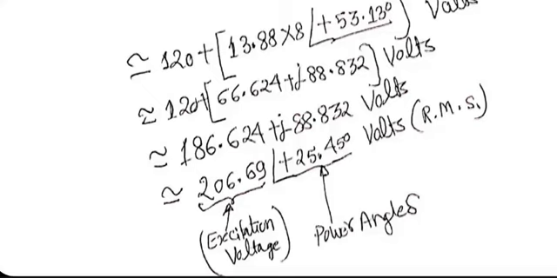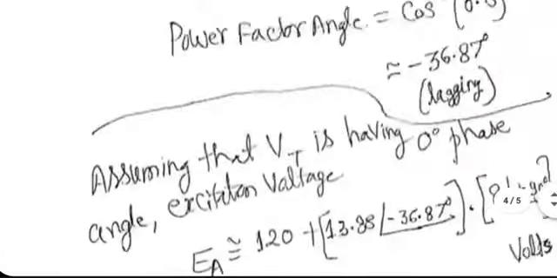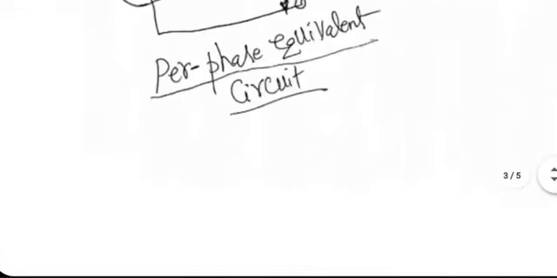The phase angle of EA is the power angle, delta, small delta. Of course, I have not drawn the phasor diagram. I think you can easily draw it; it's not that difficult.